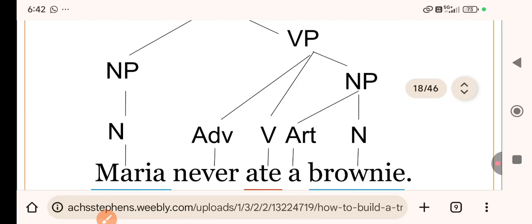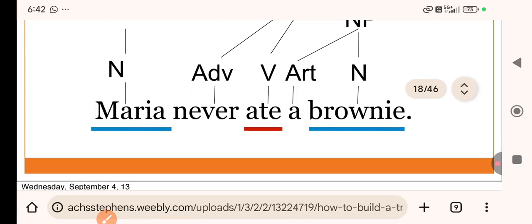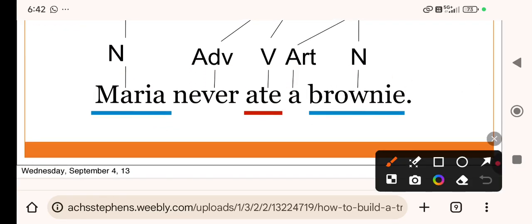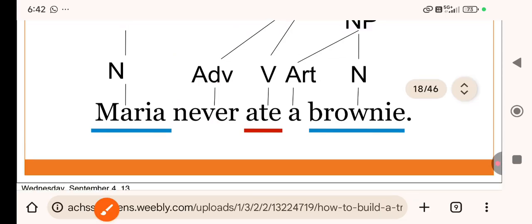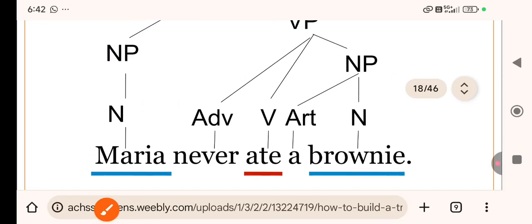Maria never ate a brownie. First, look at this sentence. Maria never ate. Never is not an auxiliary; sorry, never is an adverb, because never is used for ate. So that's an adverb phrase. A brownie: this way, this is a verb phrase.